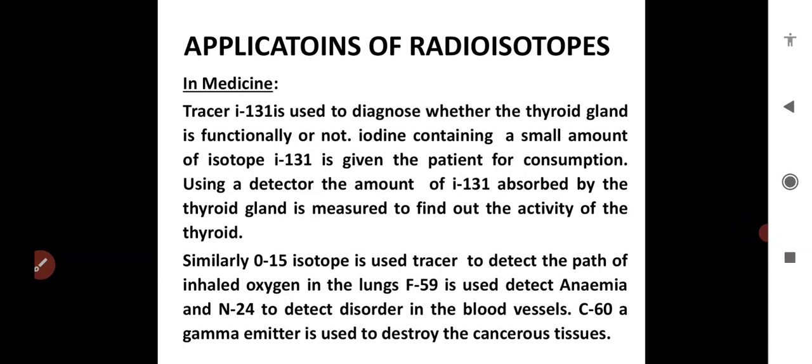Then N-24, nitrogen 24, is used to detect disorders in the blood vessels, and cobalt 60 is used to detect cancerous cells in our body. It is a gamma emitter used to destroy the cancerous tissues.